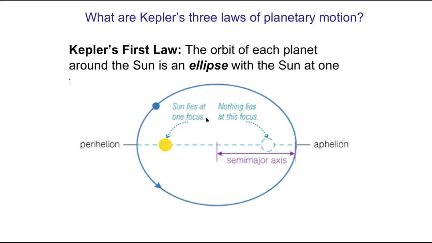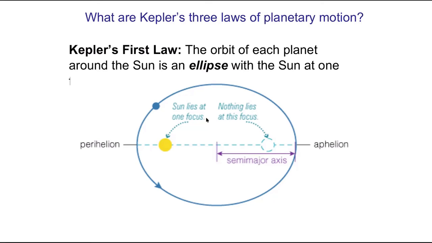You might have heard of these terms in terms of the Earth as well. If you have satellites orbiting the Earth, they also orbit in ellipses, and you can talk about the closest point to the Earth and farthest point from the Earth, and we call those two points perigee and apogee, geo being the root word that means Earth.